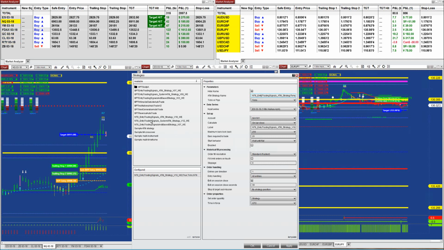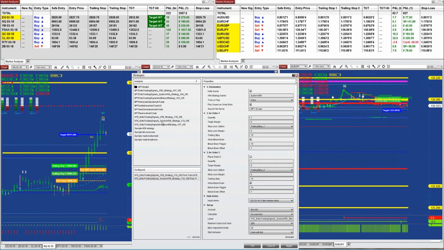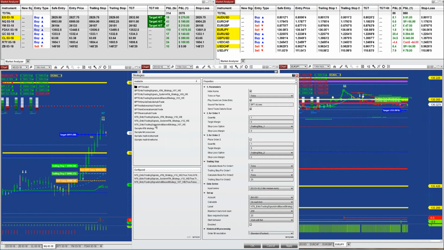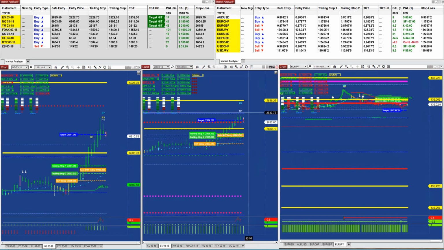The second one is called the entry signal ATM strategy, and then you have an option for how many contracts you need, if you want a trailing stop 1 or a trailing stop 2, if you want to take 2 orders and then on each take, and then you activate it. Or if you want fully automated trading, then all you have to do is say how many contracts and what kind of trailing stop you want, trailing stop 1 or trailing stop 2. That's all you have to do. Enter it, and then you enable the auto trade, and that's all you need to do.